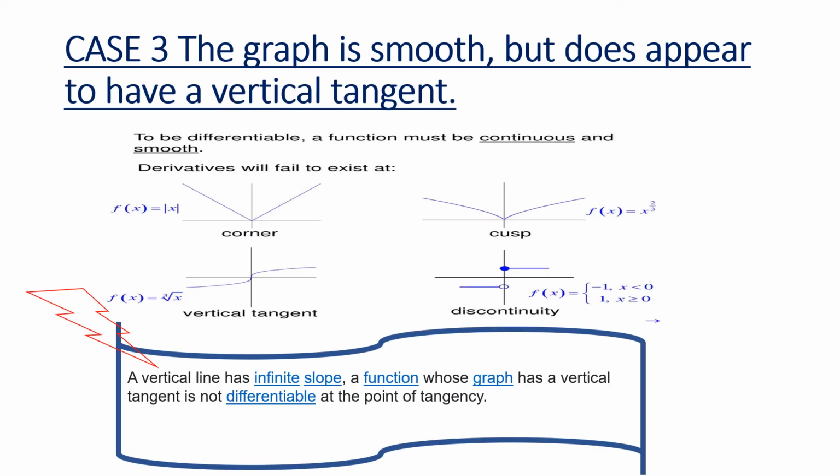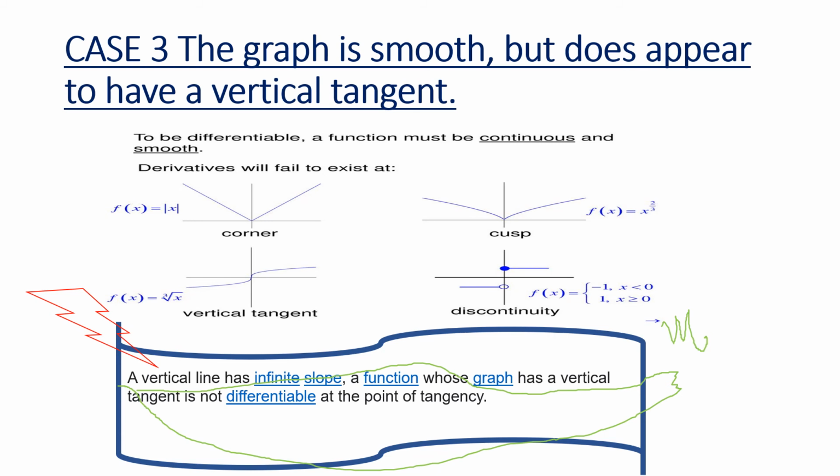Next is when the graph is smooth, but it has vertical tangents. Vertical tangents are again creating problems. Why? Vertical tangents mean the curve has infinite slope, and the function is again not differentiable because m will become either plus infinity or minus infinity.